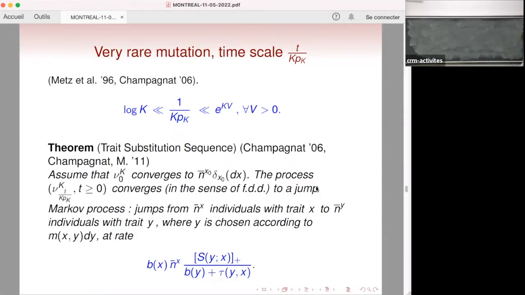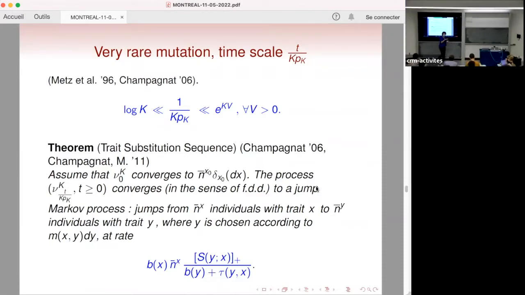So yesterday I showed you the first choice of scales between mutation scales and time scales, allowing us to obtain a mathematical candidate which can model evolution in a certain sense. And we have seen that from this point of view, if the mutations are very rare, then the process at the mutation time scale will converge to a jump process going from one equilibrium to another one.